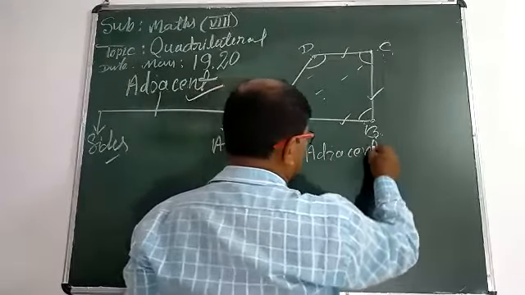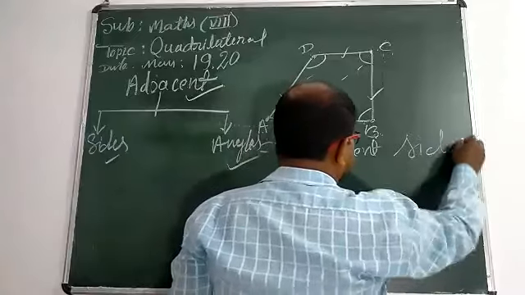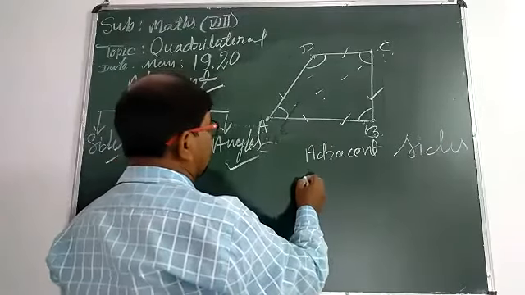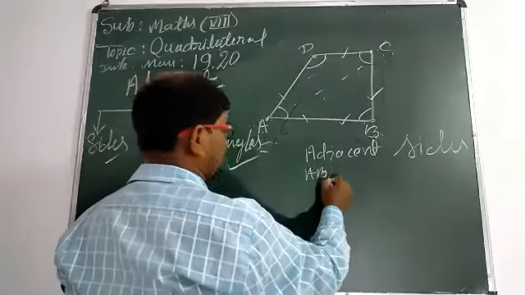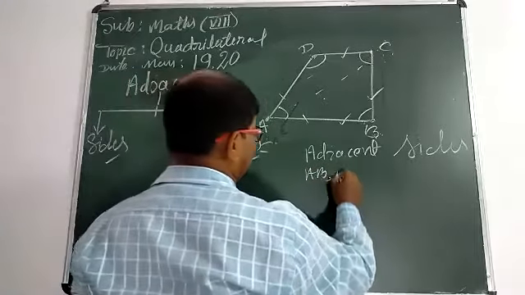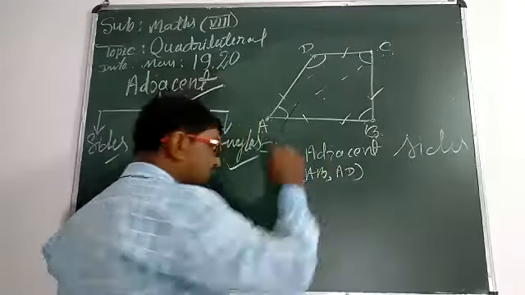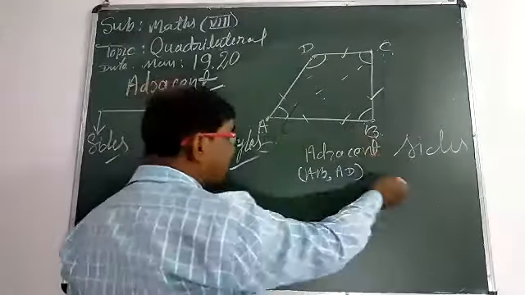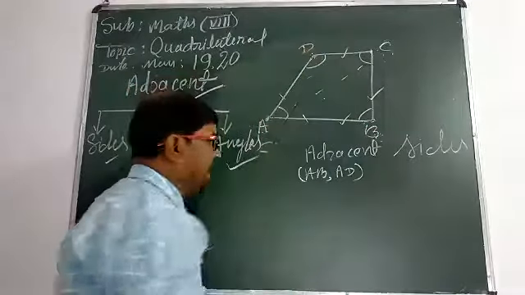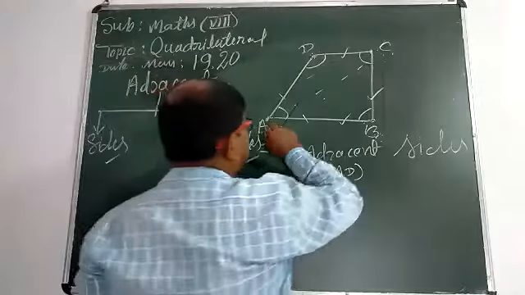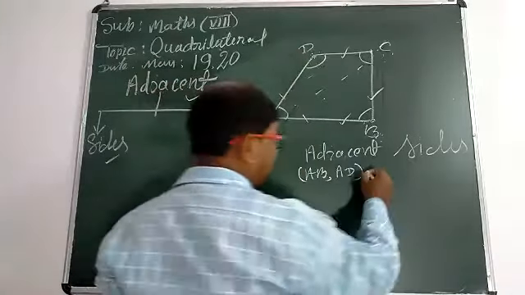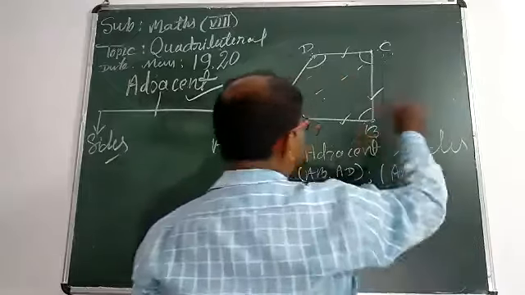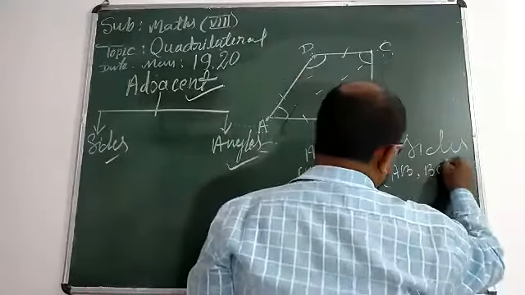We should write the pairs of adjacent sides. First pair: AB, AD. You can also write BA, DA. Second pair: AB, BC.